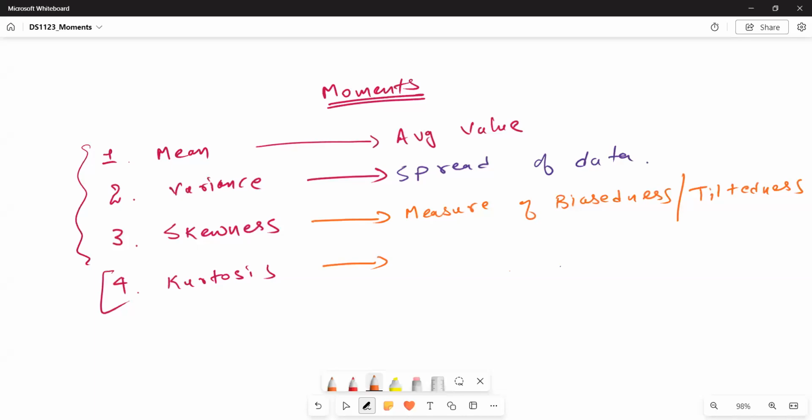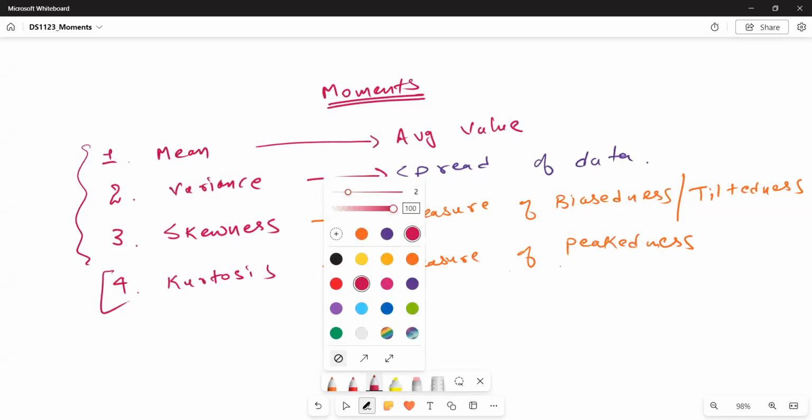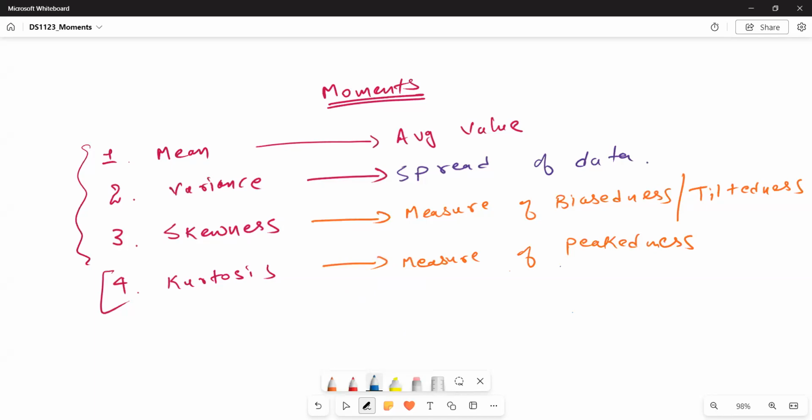And finally, we have the fourth moment, which is the measure of peakedness, right? So peak, in raw terms, is a kind of summit, which is nothing but the highest point of something. It tells you how high or low the peak of the data is.